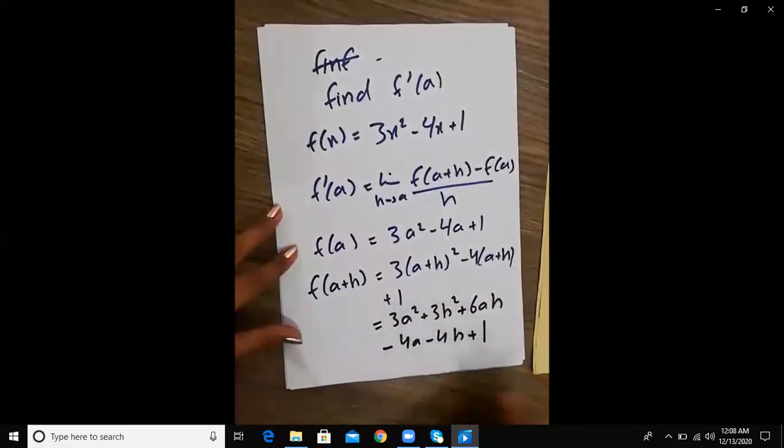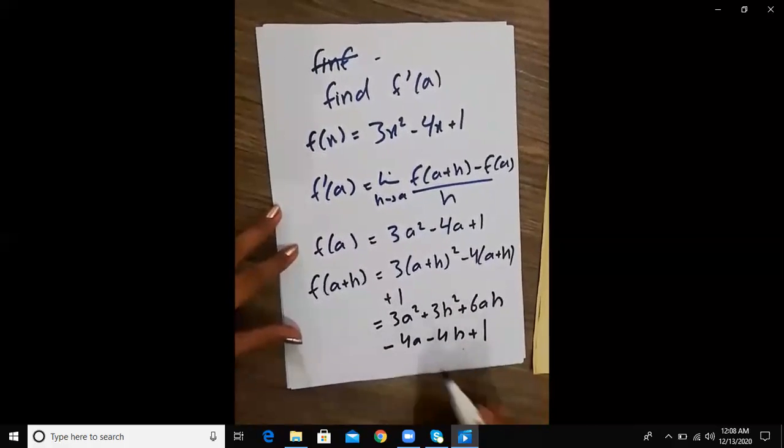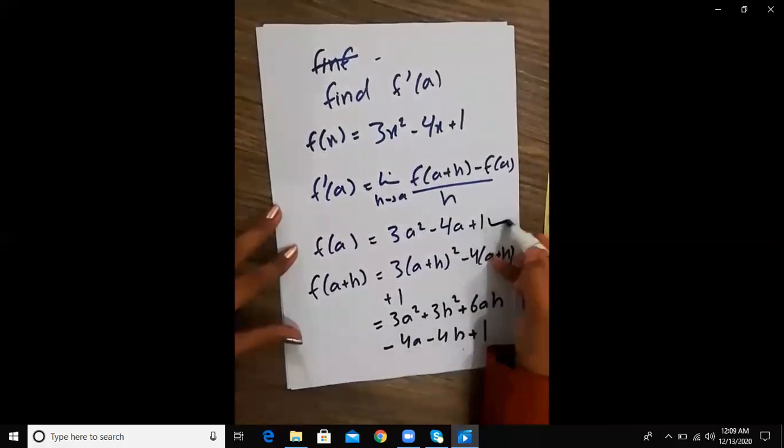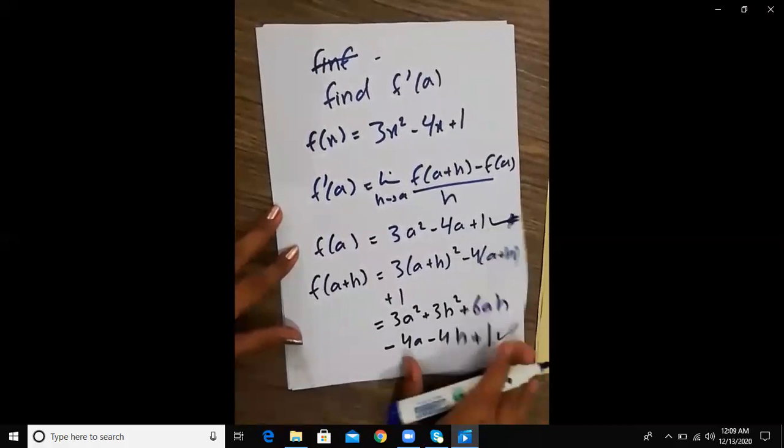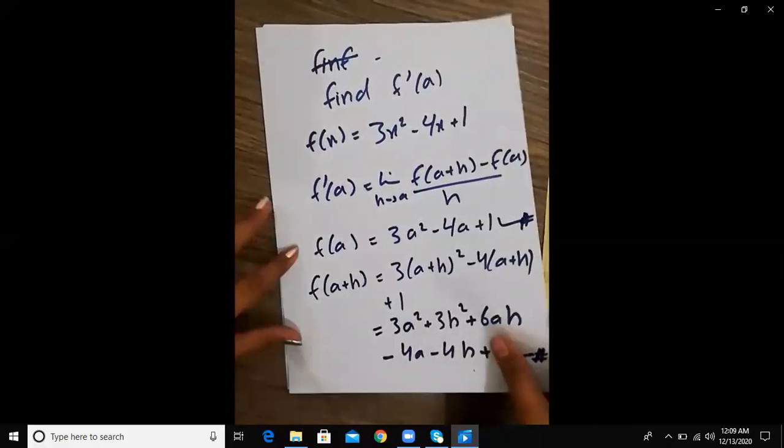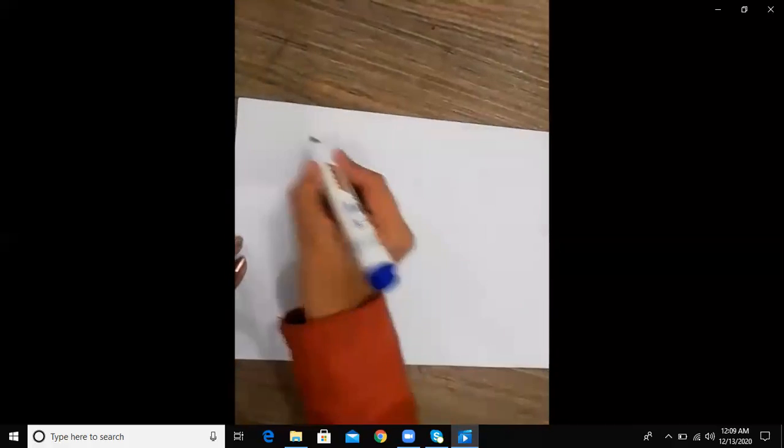So this is the expression we get. Now we will put these two values in the definition of the derivative. So let's rotate the page and do the question.